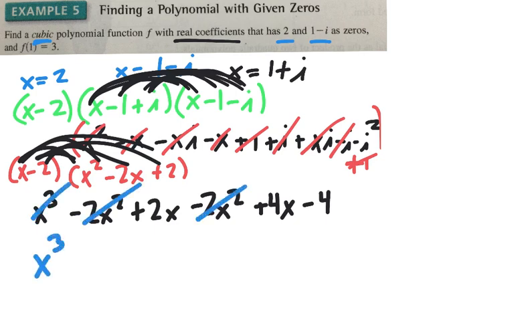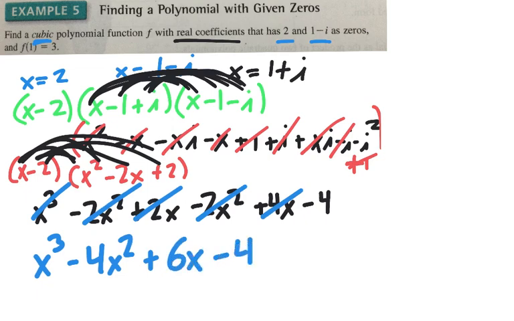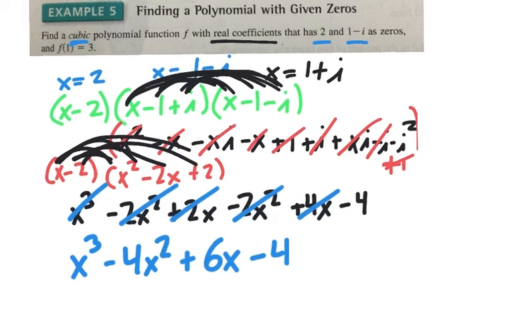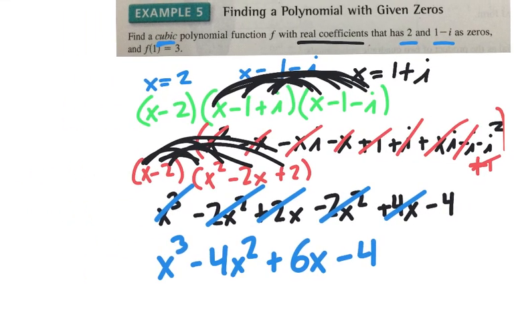We're going to group our like terms together. Minus 2x squared minus 2x squared is minus 4x squared. 2x and 4x is 6x. So right here is my polynomial function. f of x equals x cubed minus 4x squared plus 6x minus 4.